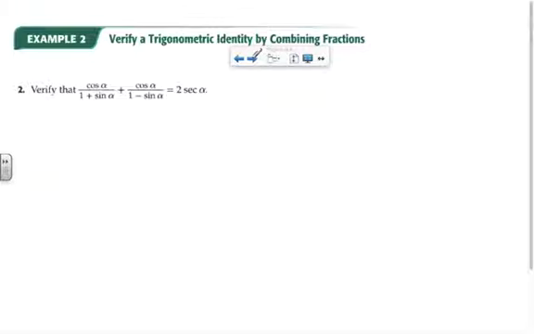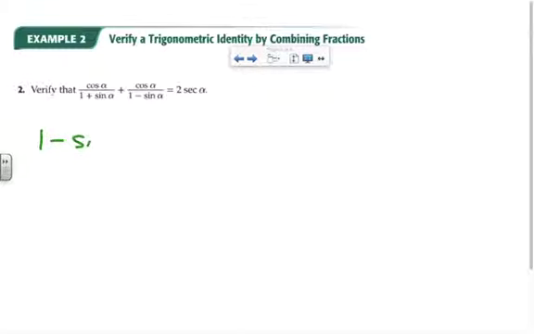the right-hand side. So that 1 plus sine of theta and 1 minus sine of theta, I'm going to get a common denominator of 1 minus sine alpha squared. So I'm going to multiply top and bottom by 1 minus sine of alpha in my first ratio.